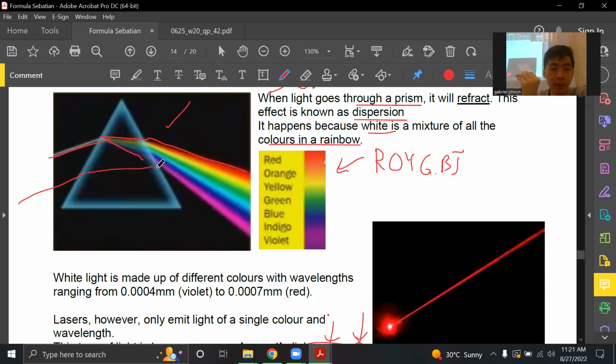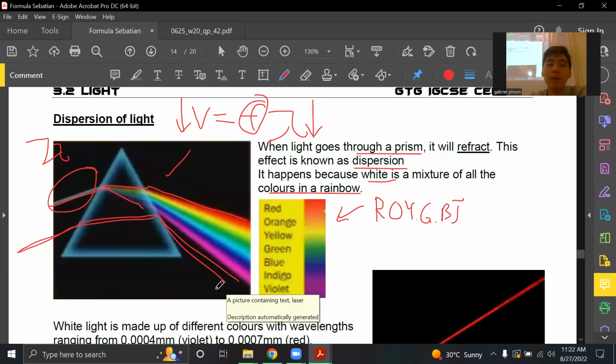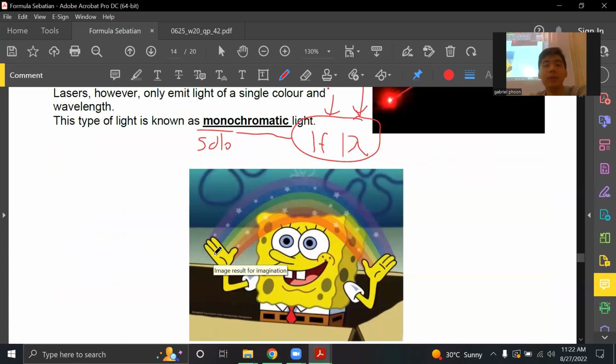It will be refracted like this here. It will refract, but it will not disperse because there are no different wavelengths for it to disperse, unlike white light, which has 7 wavelengths. Monochromatic light will just go through refraction here. Very, very important. Anyone don't know what I'm talking about?